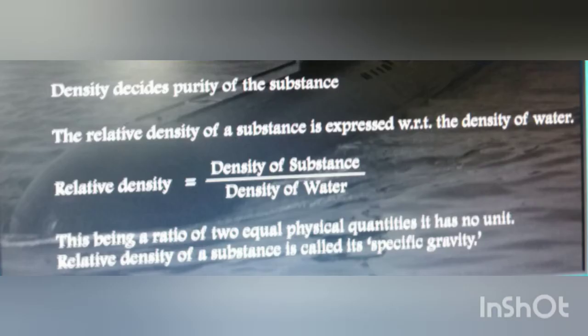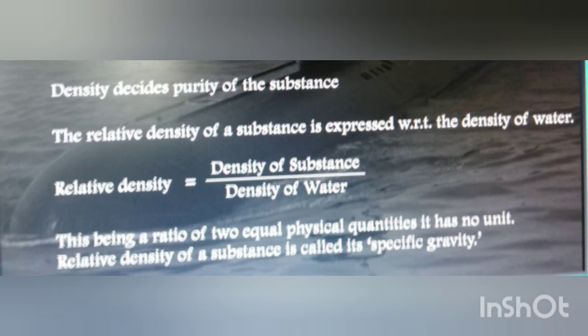The relative density of a substance is expressed with respect to the density of water. Relative density is equal to density of a substance upon density of water. This being a ratio of two like physical quantities, it has no unit. Relative density of a substance is called its specific gravity.